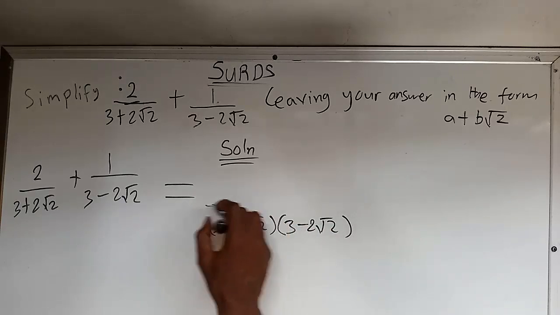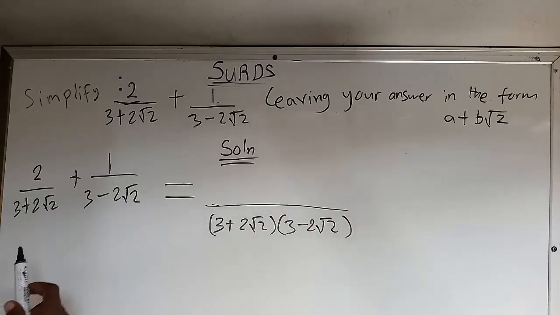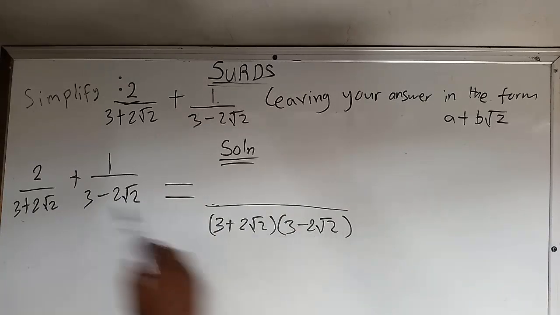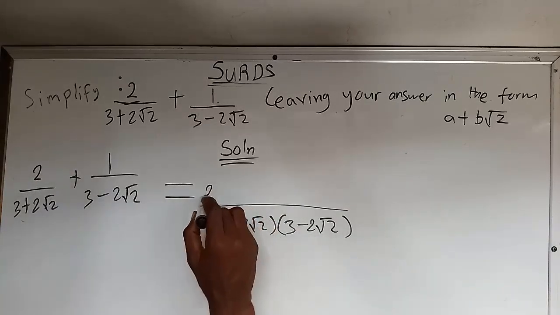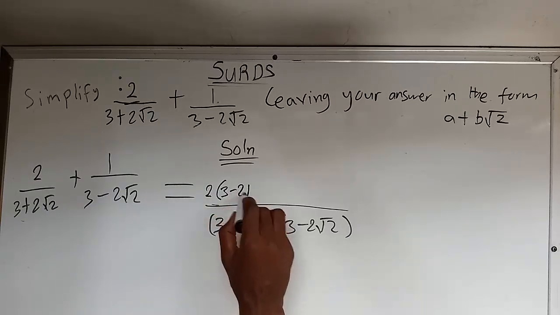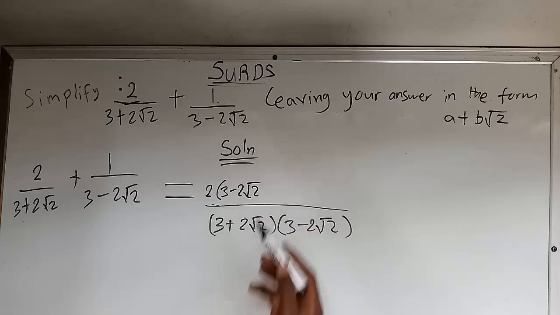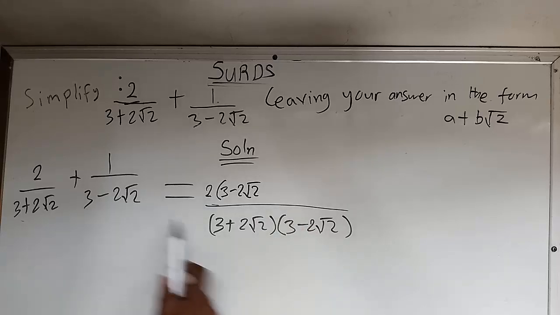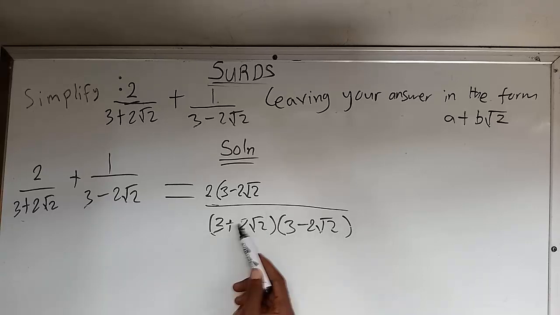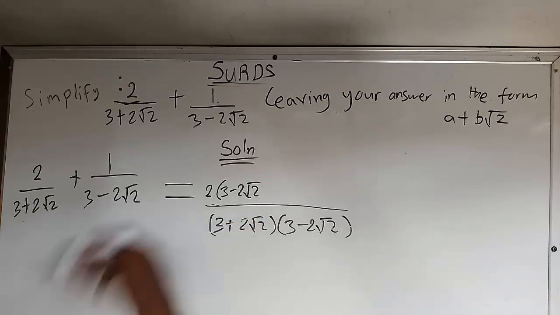This is the LCM. Now, this goes here. We have 3 minus 2 root 2 times 2, so 2 into 3 minus 2 root 2. Now this goes here. When this comes here, this will go. We are left with 3 plus 2 root 2.